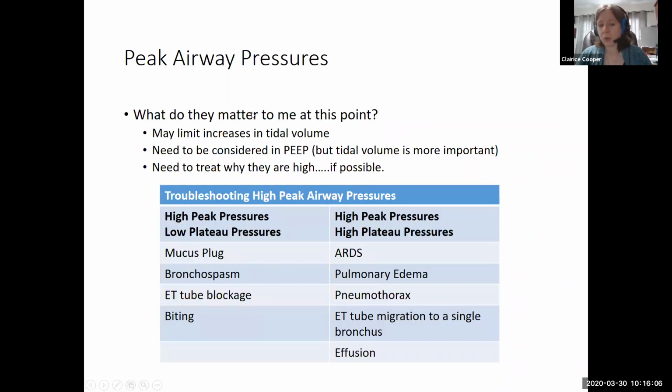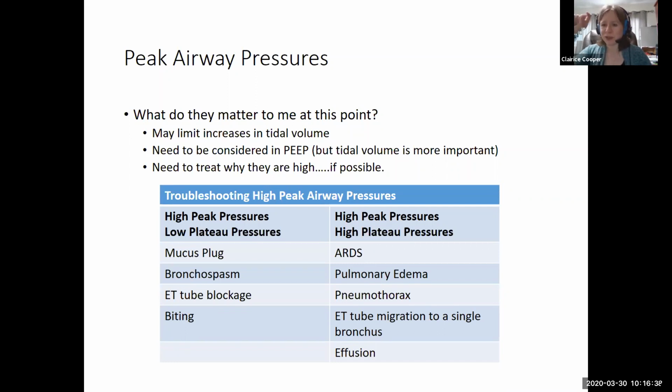So why do peak airway pressures matter? This could get far more in depth, but for the purposes of this talk, we'll keep it as simple as we can. So why do I care about peak airway pressures? Well, I care about peak airway pressures because when they're high, that causes barotrauma, further lung injury, and makes the patient worse. In terms of what level I'm concerned about, typically I want to keep the plateau pressures under 30.